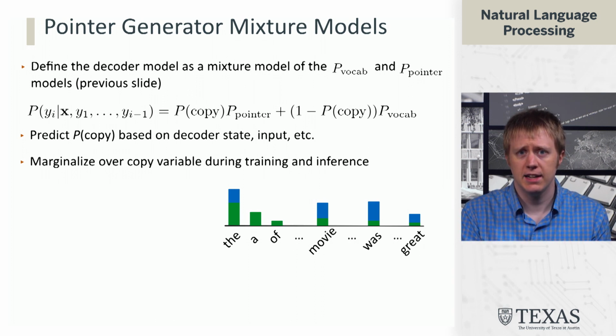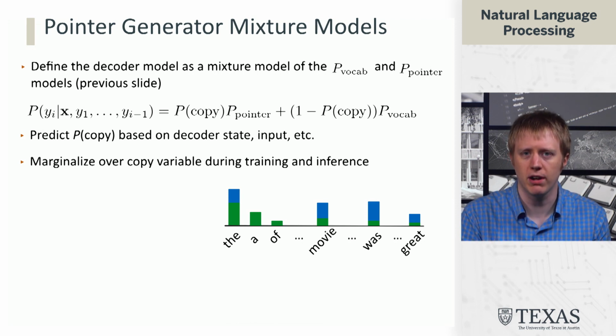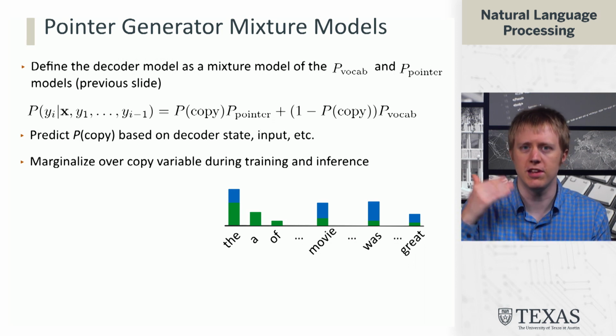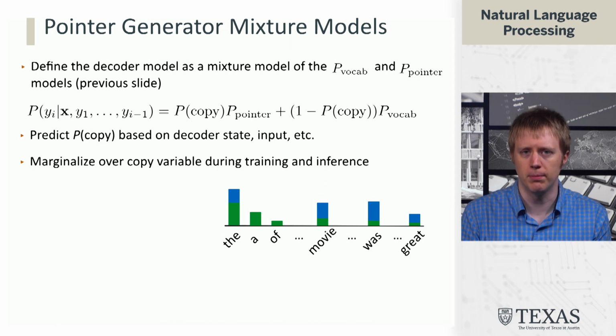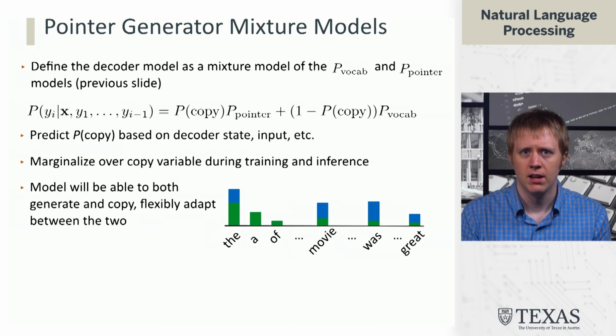I'm going to draw that like this, where we've mixed these two distributions together, the green one and the blue one. So we have support everywhere, but we also have the ability to boost these words that show up in the input and learn how to do a better job of copying them. It can do both of these skills, and now it can flexibly adapt between them.